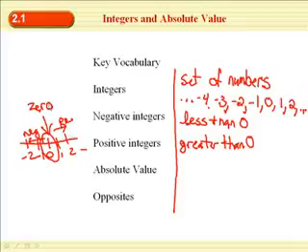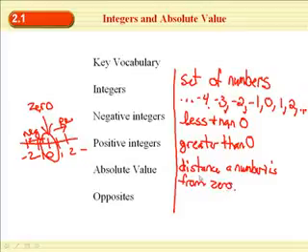Absolute value. Absolute value is a concept that is covered on the top of page 58. Absolute value is the distance a number is from 0.